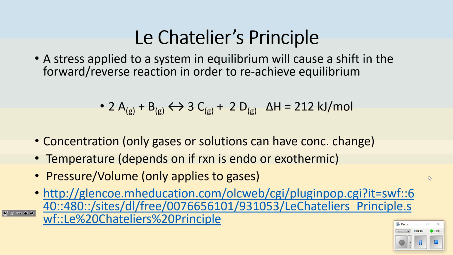It has to reestablish balance. If you increase or decrease the temperature, it will change the balance. And lastly, with gases, if you change the size of the container or the pressure being applied, that will disturb the balance as well.